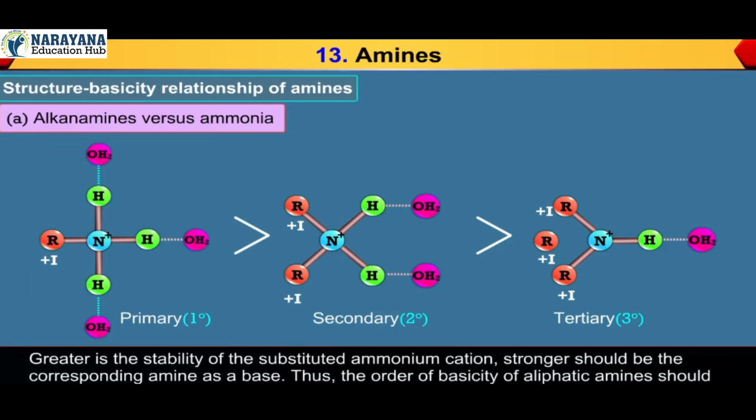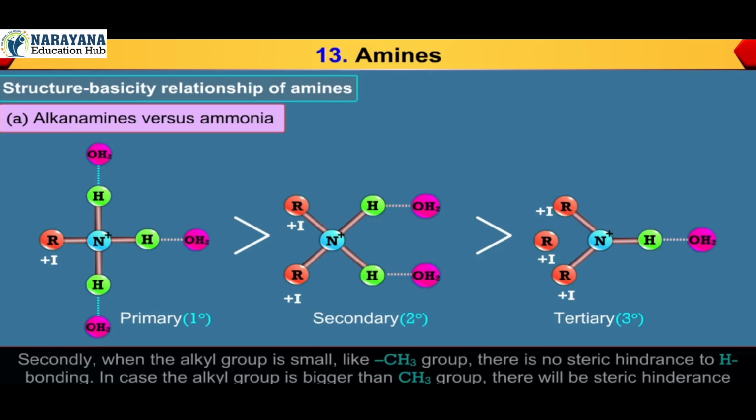Greater is the stability of the substituted ammonium cation, stronger should be the corresponding amine as a base. Thus, the order of basicity of aliphatic amines should be primary is greater than secondary is greater than tertiary, which is opposite to the inductive effect based order.